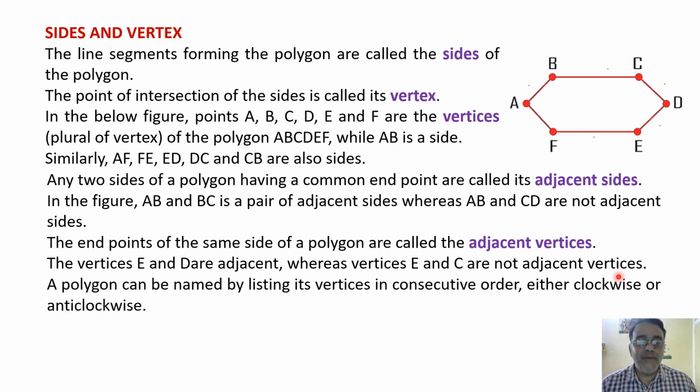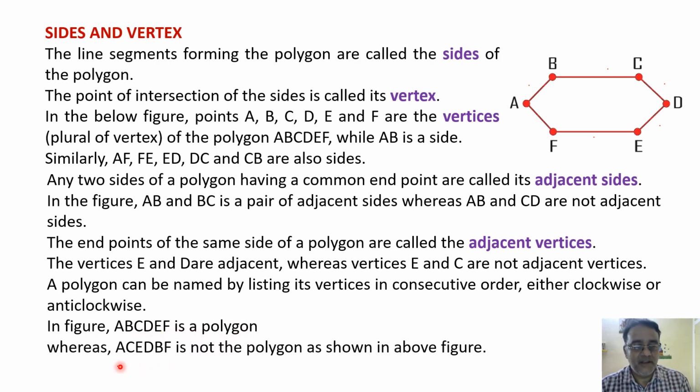Next, a polygon can be named by listing its vertices in consecutive order, either clockwise or anti-clockwise. That I already explained. इसको या तो clockwise लिखेंगे या anti-clockwise लिखेंगे, right? In this way, in this figure, A, B, C, D, E, F is a polygon, whereas A, C, E, D, B, F jumbled है, देखो zigzag, is not a polygon as shown in the above figure, right?